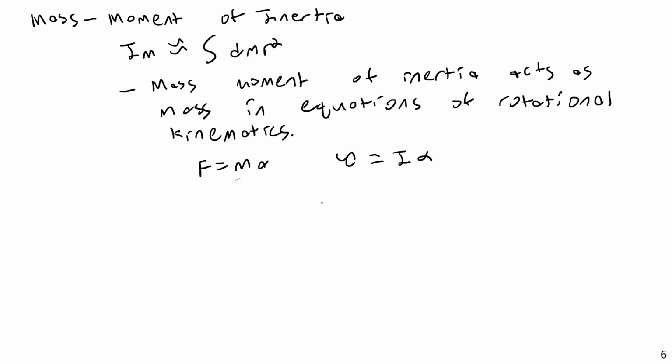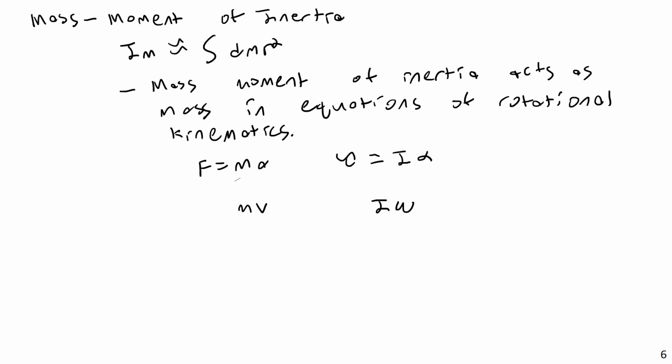You can also have linear momentum equal to mass times velocity, and angular momentum equal to I omega. Basically, the equations for rotational and translational systems are the same in physics, or very similar. The only difference is that instead of having m, you will have I, and then the various analogous quantities, a and alpha, v and omega, but that of course is a bit outside of this class.